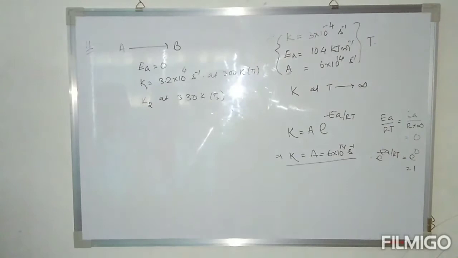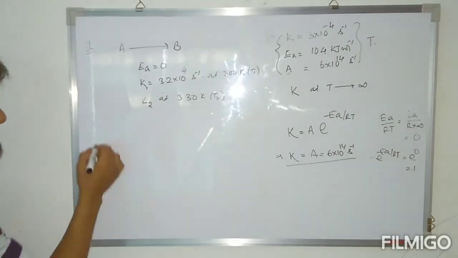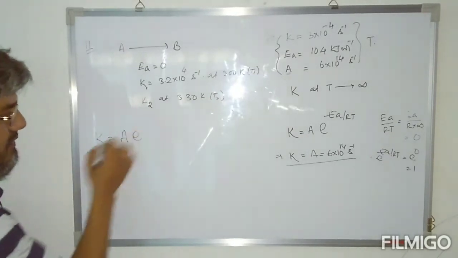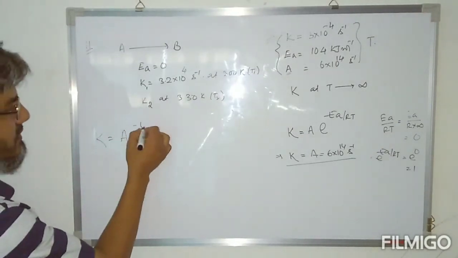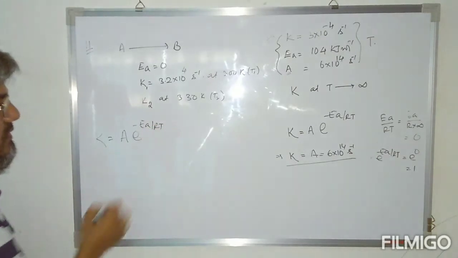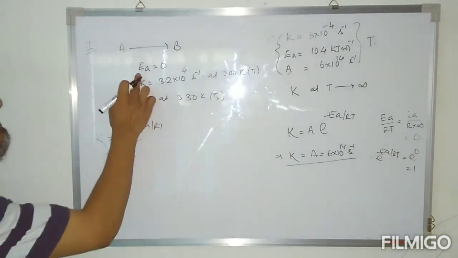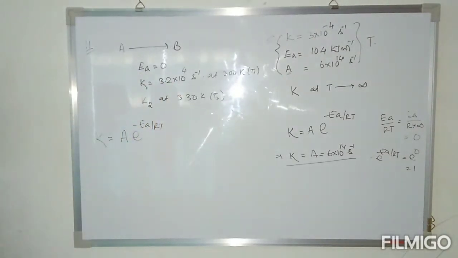With this characteristic, again we have to use the Arrhenius equation. The Arrhenius equation says K is equal to the exponential factor A exponential raised to the power minus Ea by RT.